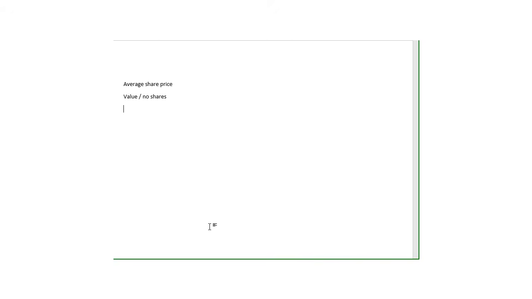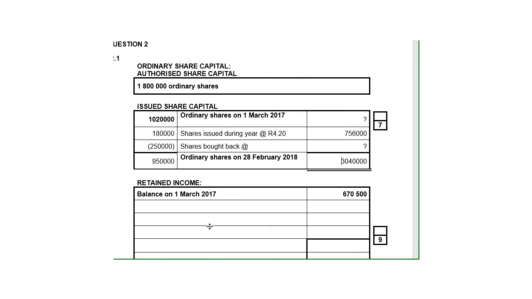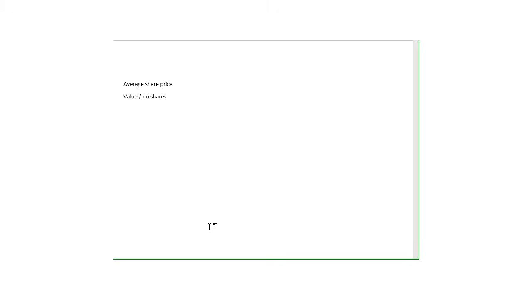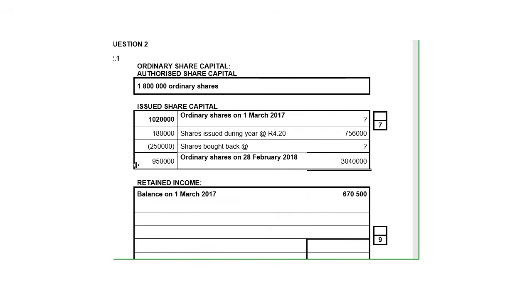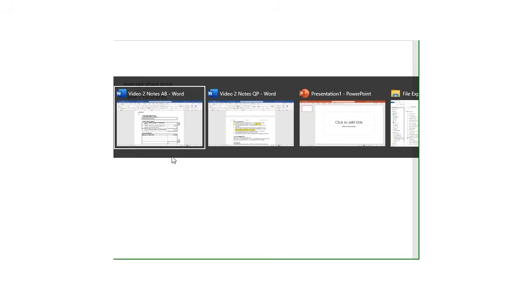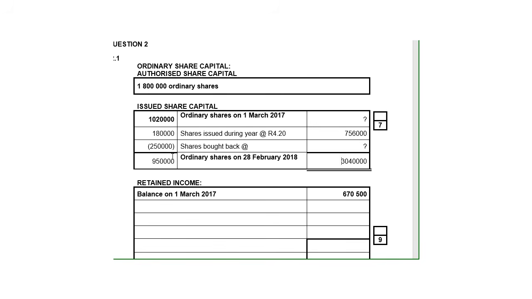So the value at the end was 3,040,000, divided by the number of shares, which is 950,000. And that gives me 3.20 Rand. So my average value is 3.20 Rand. So the value per share, which must be the average, is 3.20 Rand.